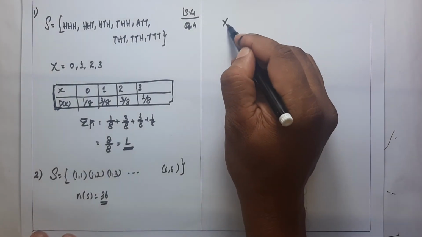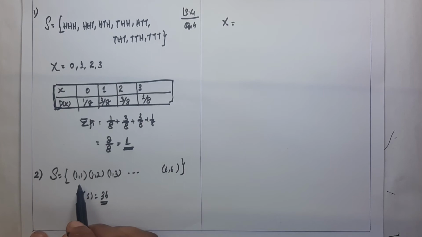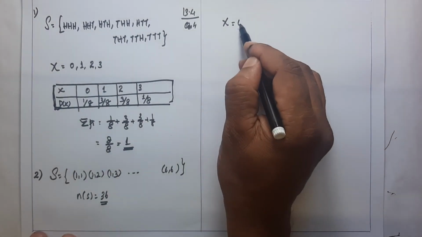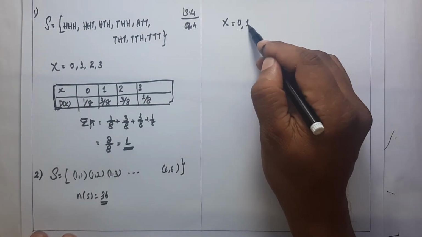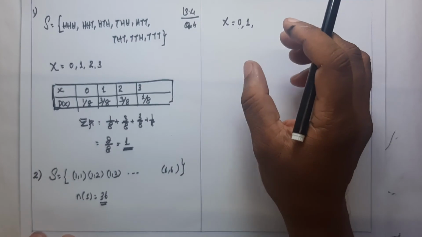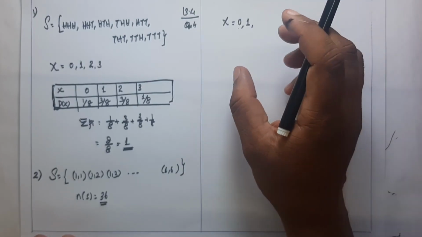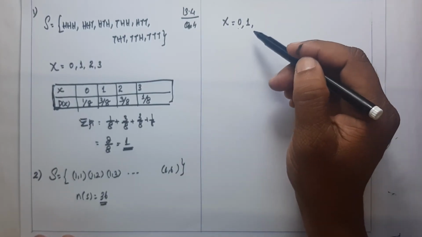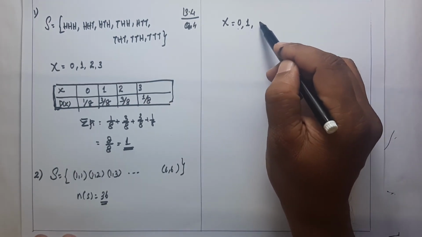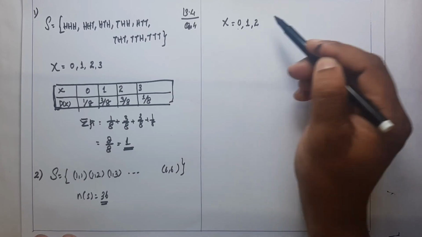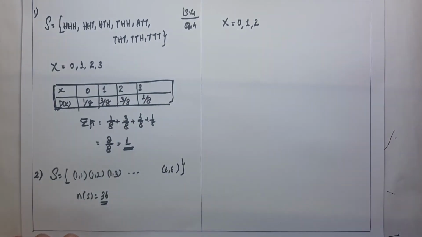Here, in the first pair there is no 6, that is x is equal to 0. In 1 6, which contains only one 6, x is 1. And the number of 6s in 6 6 is 2. So 1 1, 1 2, 1 3 have no 6, so the number of 6s there is 0. Inside 1 6 there is a single 6, so the number of 6s is 1. Inside 6 6 there are two 6s, so here the random variable x takes the values 0, 1 and 2.